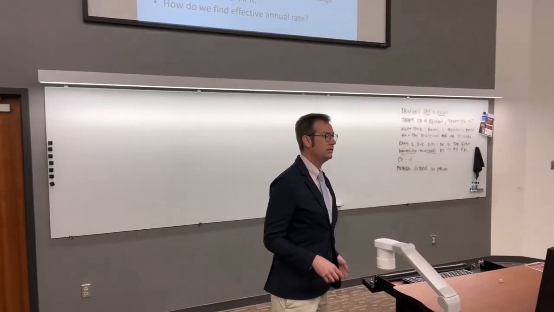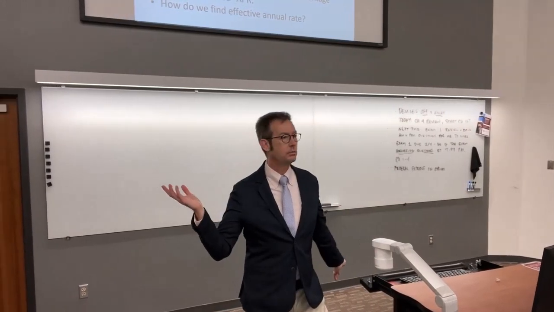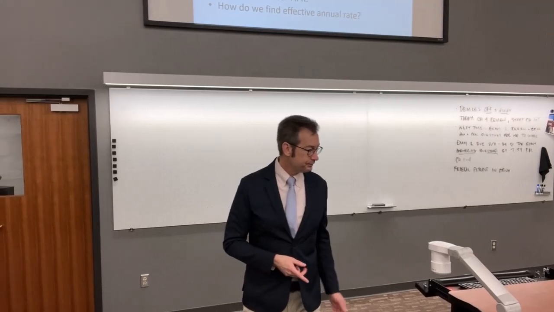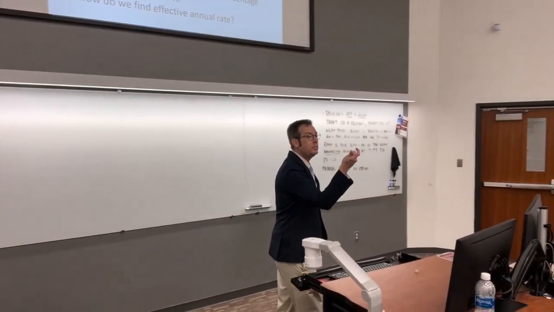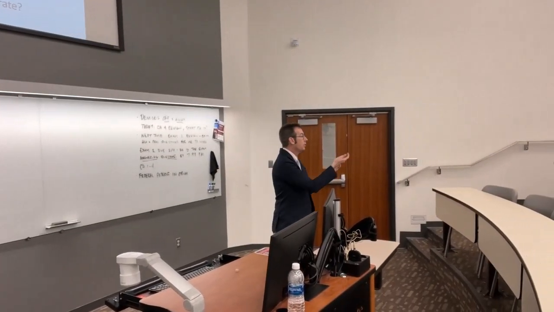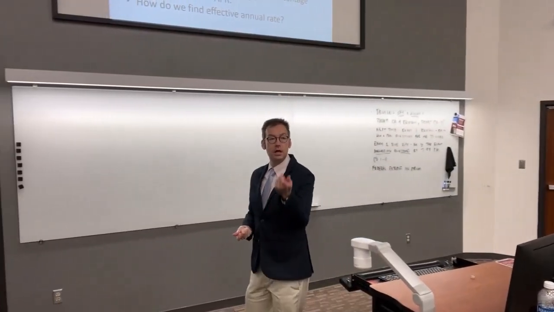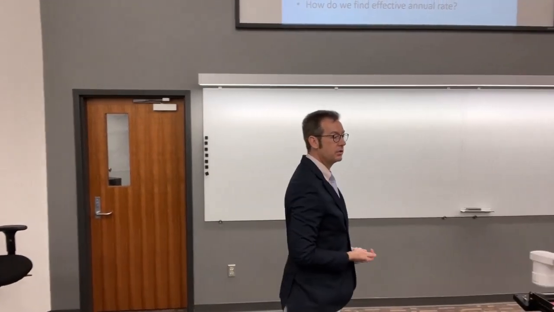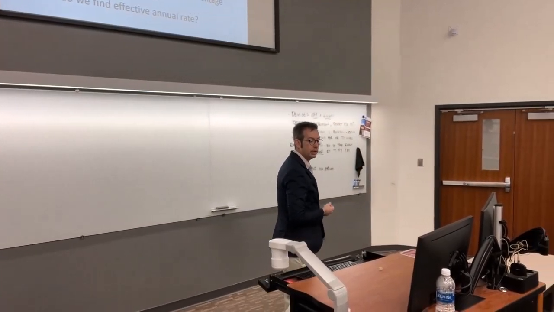You see the ads on TV, they say, ooh, 7% APR for well-qualified borrowers, right? Which means probably not you. Okay, so annual percentage rate, APR, those are all the number of periods in the year times the sub-period rate. In our first example, the sub-period rate was 1% per month multiplied by 12 months in the year. And so those are stated, nominal, quoted, or annual percentage rate.